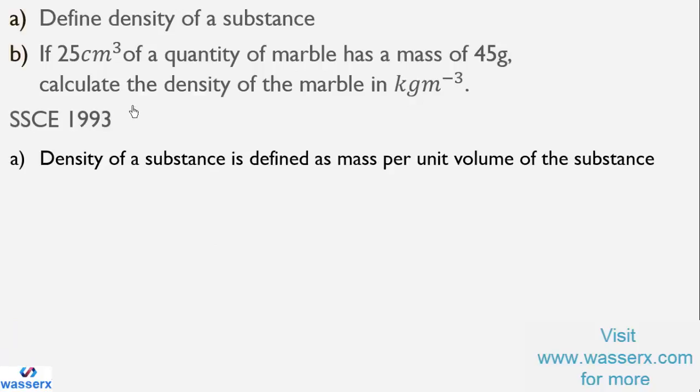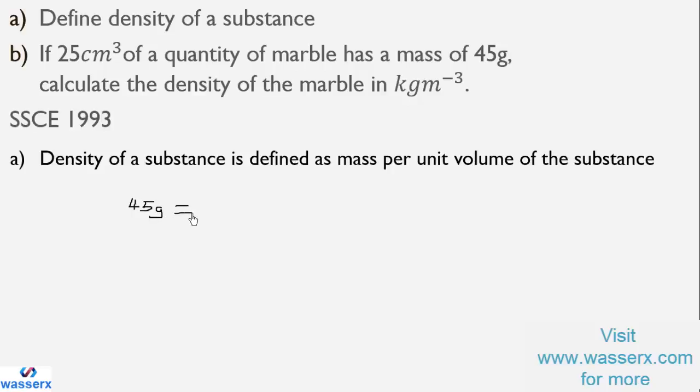So we need to convert 25 centimeter cube and 45 grams. 45 grams must be converted to kilograms.